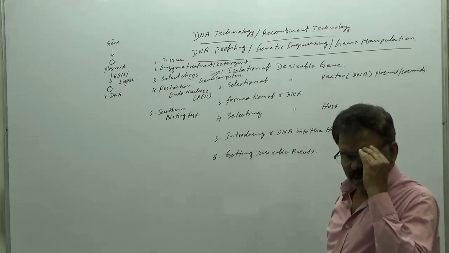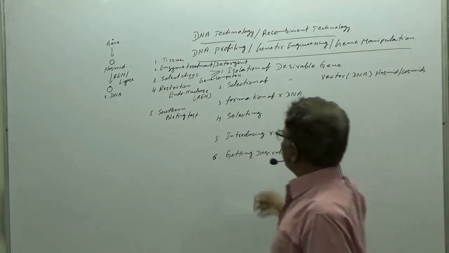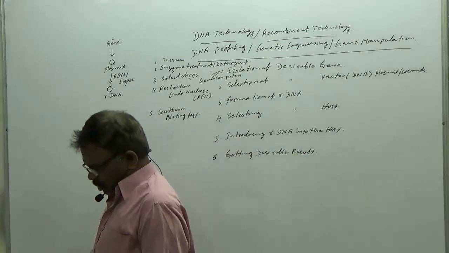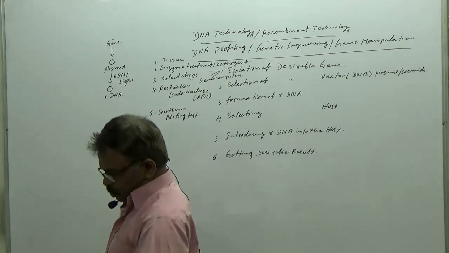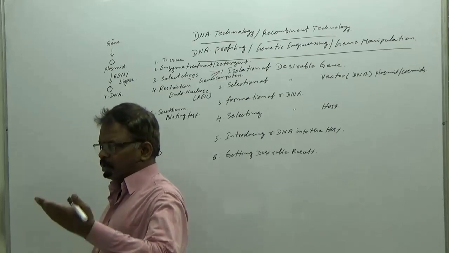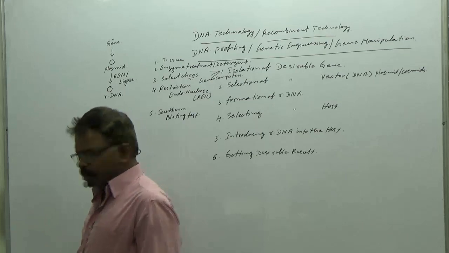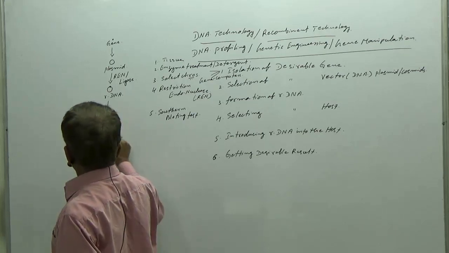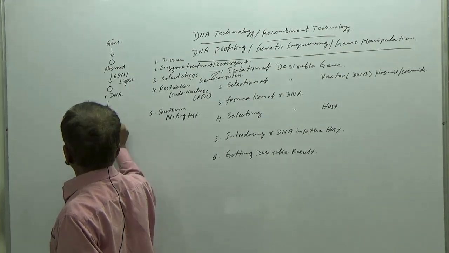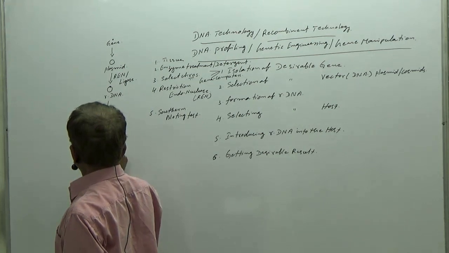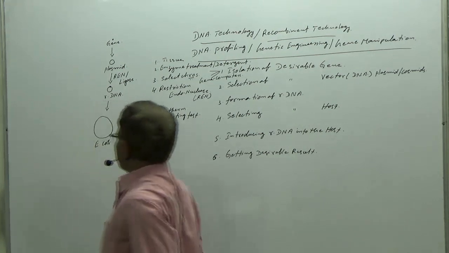Then after formation of rDNA, what to do? That question arises. To produce insulin, growth hormone, or any medical substance, enzyme, hormone, vitamin, or any biochemical substance, they select a microorganism. That is E. coli.